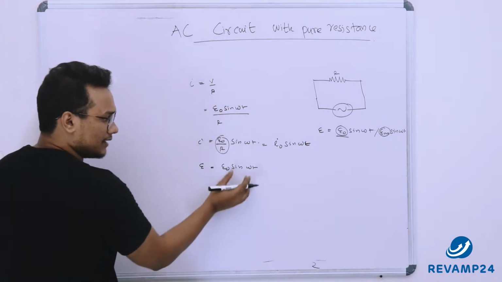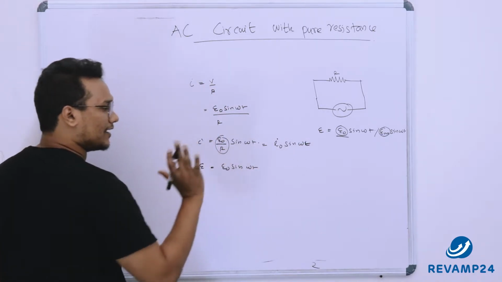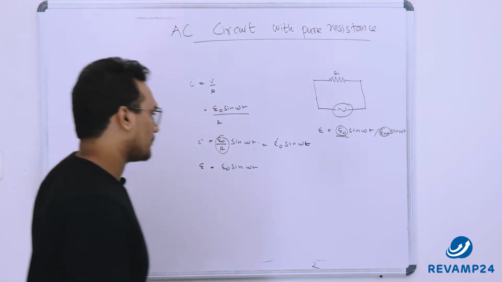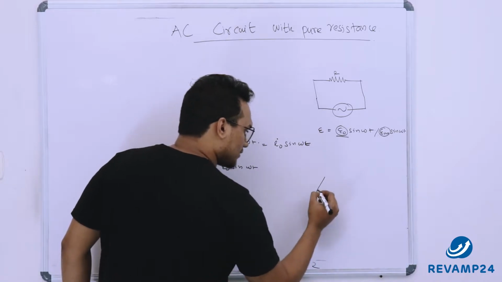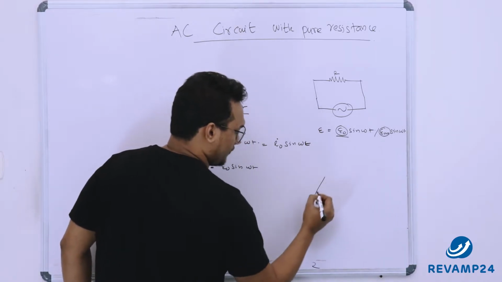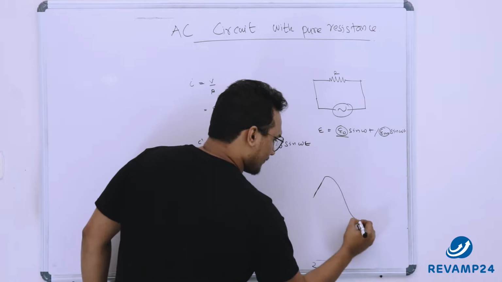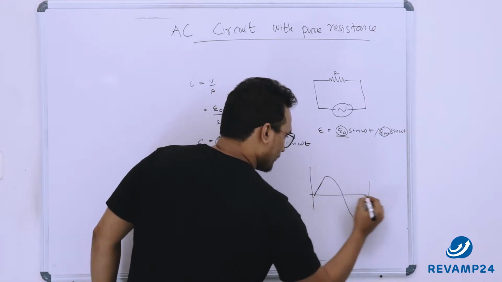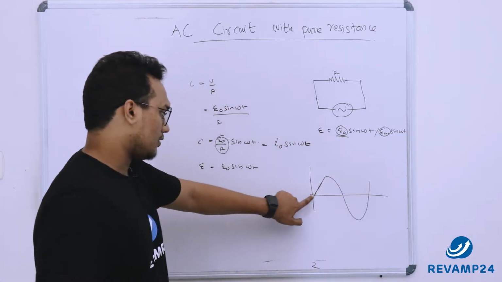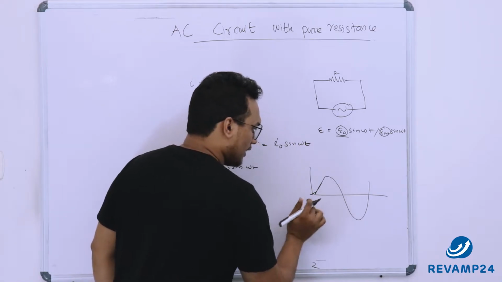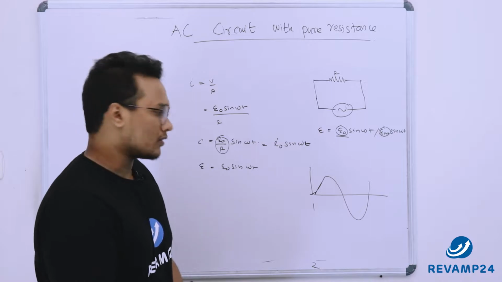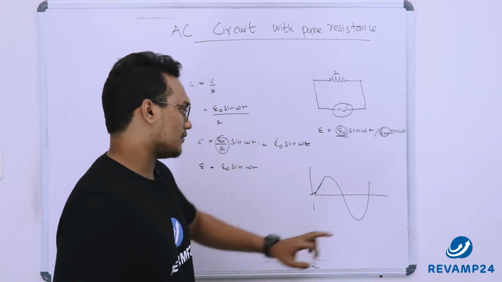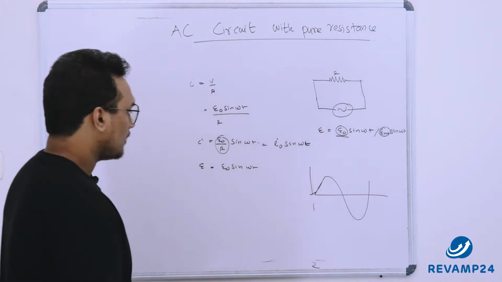Now see one thing, I could say that both are in phase. What does in phase mean? Let's say when one is increasing in this way, the other also will be increasing in the same way. For example, the voltage curve starts from 0, goes to the maximum value, then to 0, negative maximum value, then 0.